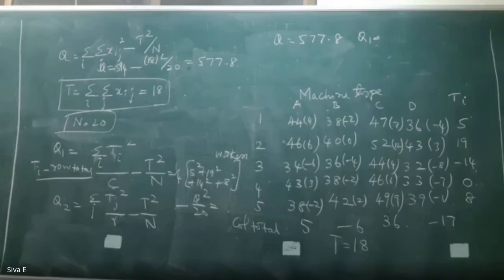Q or Q1, sir? No, Q is 574 as per the book. Because T is 20 or 18. Somewhere I may have missed.